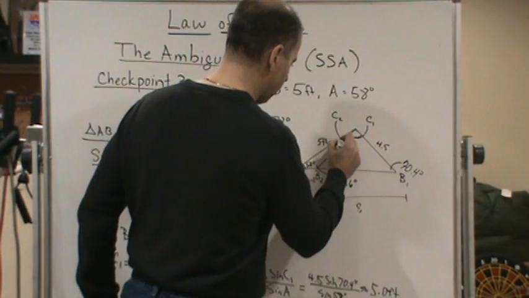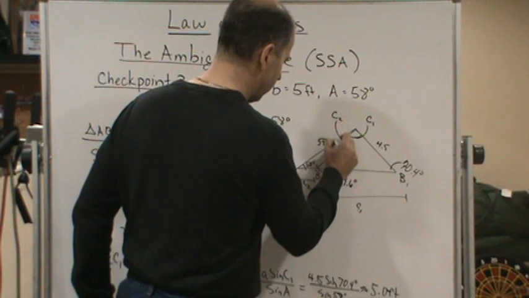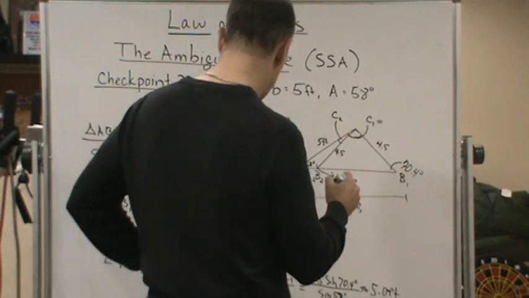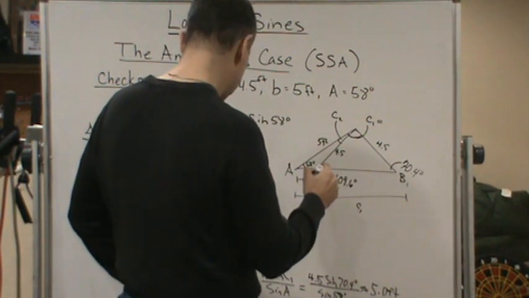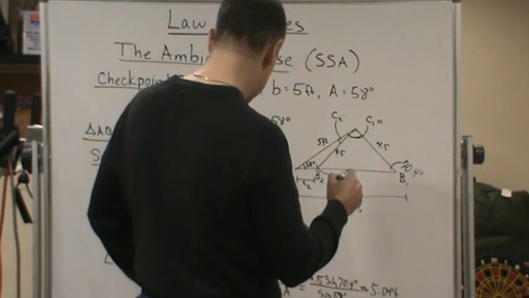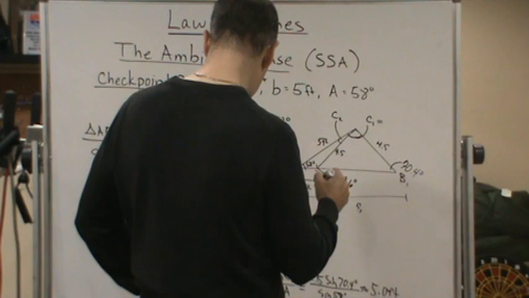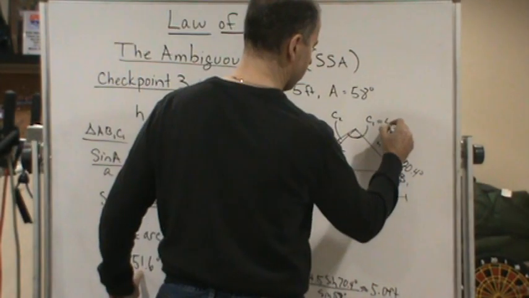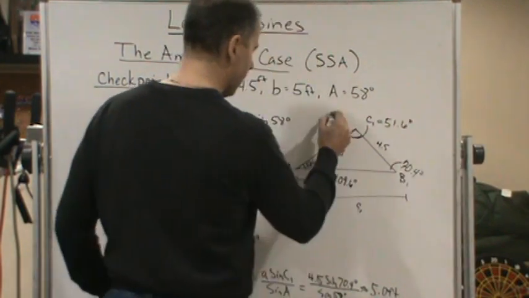So C2, right? So this is C1. C1 is 51.6. Got that?